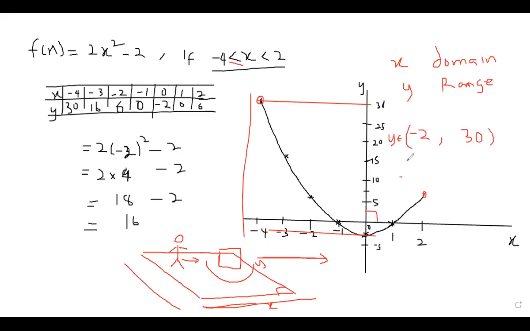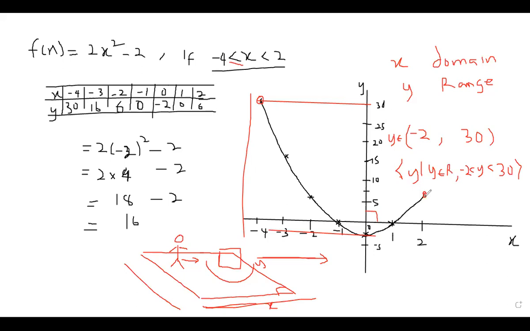Okay, good. And if we are writing in set builder notation, then we'll say the range is such that y belongs to real number values, and then y is greater than -2. Take note, -2 is not part, and less than 30. It's not part because we have an open space here, and an open space here too.